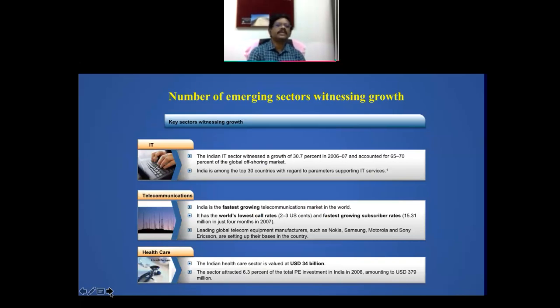Then let me look at some of the emerging sectors witnessing growth, like the key sectors: IT, telecom, and then healthcare. You can see how big these sectors are. In IT, you know that several activities you can think of, and in telecom also. Then you can consider healthcare, because as far as fitness is concerned, there are good business ideas.